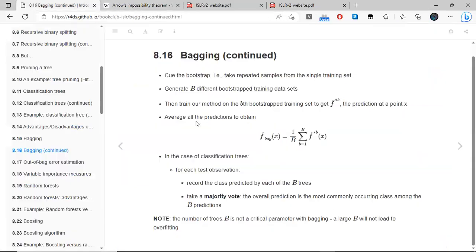And in that sense, that also limits us in the case of bagging of classification trees, in the sense of which one out of these B predictions would be the best representative for the overall prediction, that is, for this bag prediction.